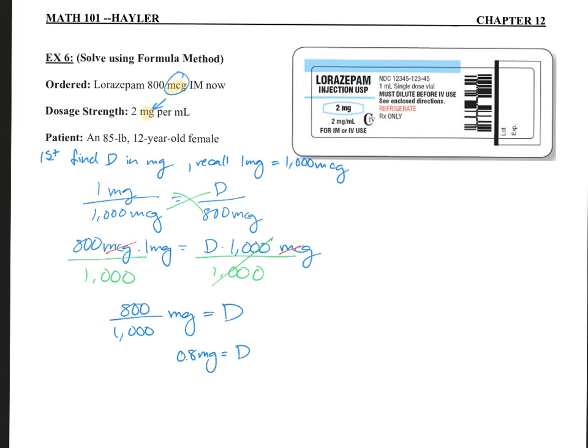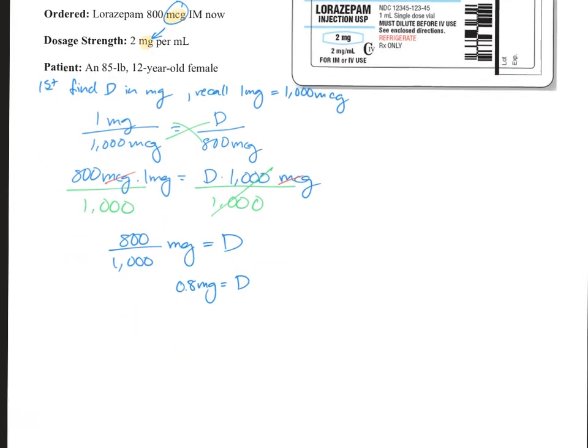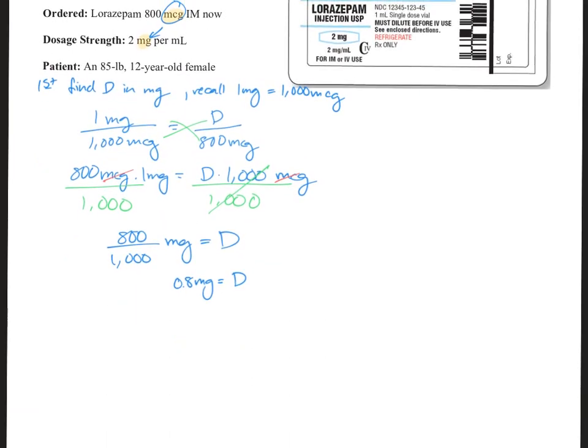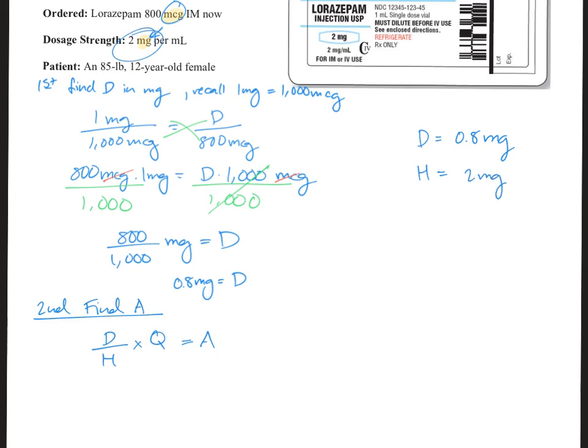All right, so let's find the amount to administer. Second, find A. We're going to use the formula: dose divided by amount on hand times the unit is equal to our administration amount. The dose we have is 0.8 milligrams. Amount on hand is 2 milligrams. And the unit is per 1 milliliter.